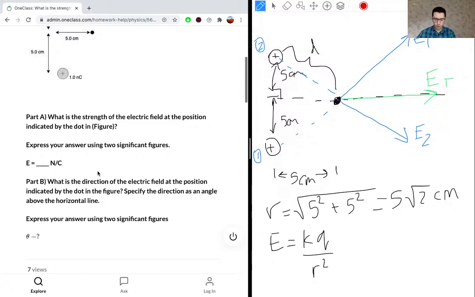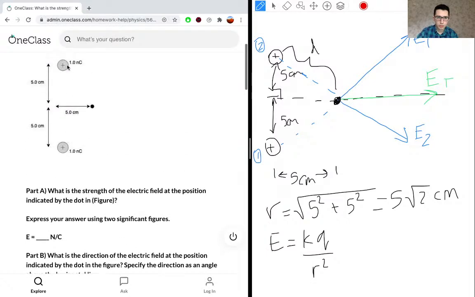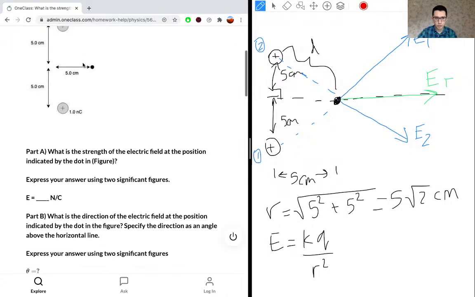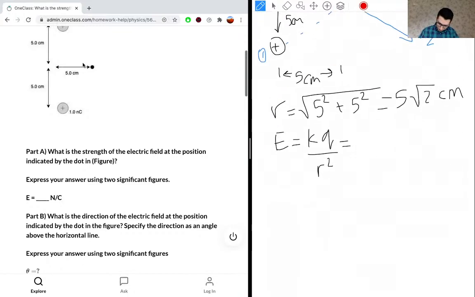So we already found r. Q is given in the question, so both particles have 1 nanocoulomb of charge. Nano is just 1 times 10 to the negative 9. Here we know k is 9 times 10 to the 9, so this is just a constant.